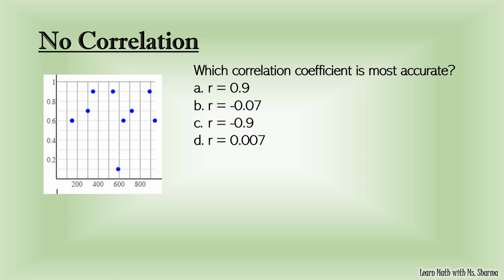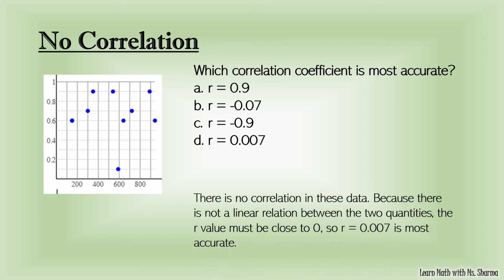I'll say D is closer to 0. There is no correlation in this data set because there is no linear relation between the two quantities. The R value must be close to 0, so R equals 0.007 is most accurate.